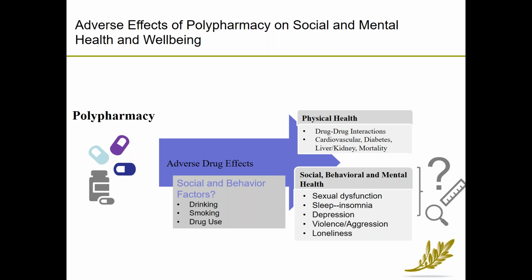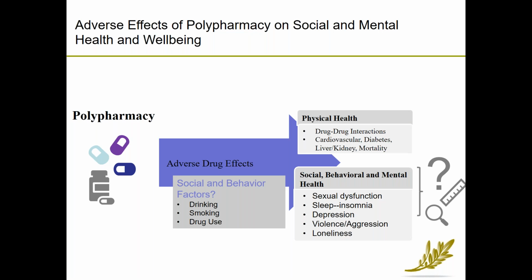But we also look at, and NSHAP allows us to look at other factors that not only affect the propensity or the risk of adverse drug effects, but also allows us to measure some of these outcomes like sexual dysfunction, sleep, particularly insomnia, depression, and these other factors that are captured to a certain extent in NSHAP.